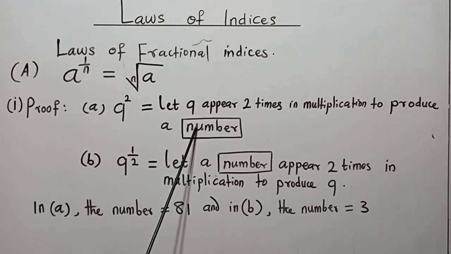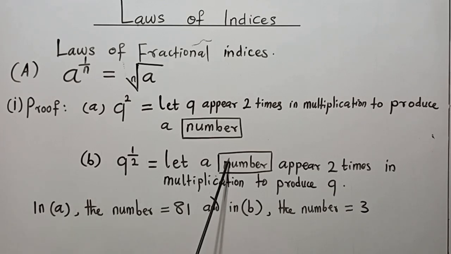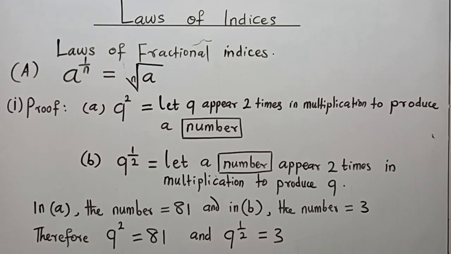So the number spoken of here is 81. But in B, the number is 3. Why? What is that number which appears 2 times in multiplying itself to produce 9? Is it not 3? Therefore, in statement B, the number we are talking about is 3. Therefore, 9 to the power 2 is equal to 81, and 9 to the power 1 over 2 is equal to 3.